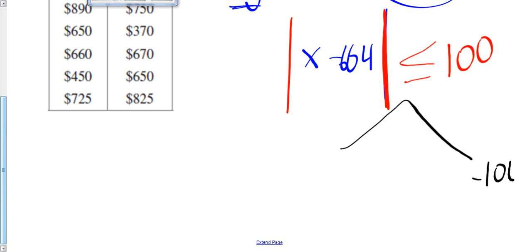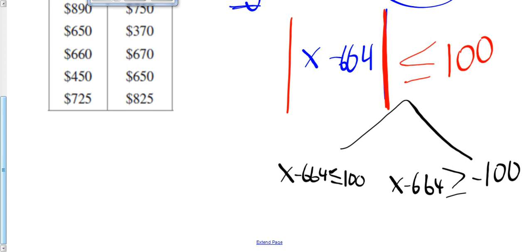So I'm going to do everything that I would normally do. Okay. Now what I do is, for that left one, I have X is less than or equal to 764. That's what this comes out to.